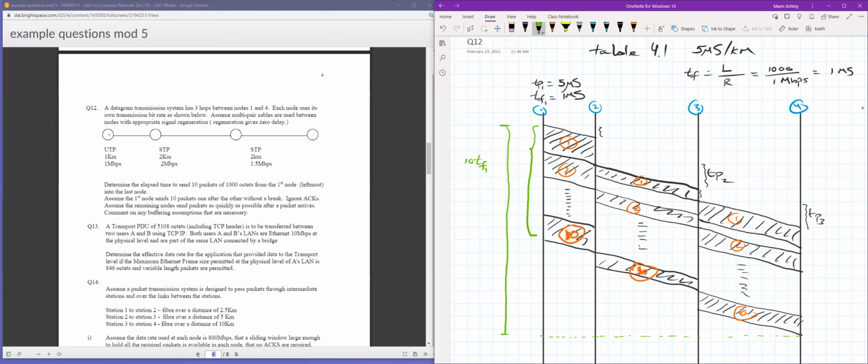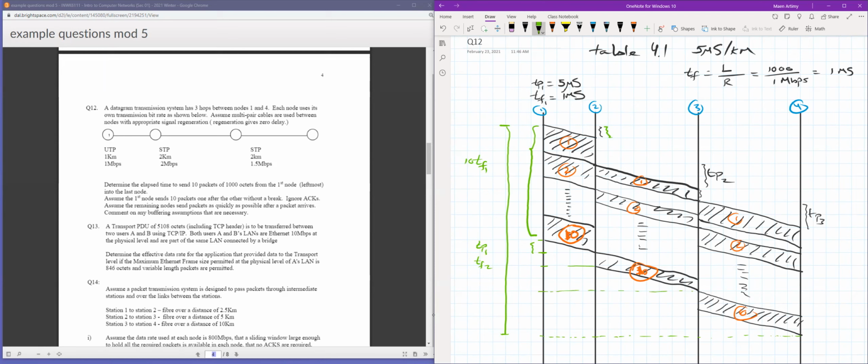Okay, and then we have this piece here, which is equivalent to this piece, which is TP1. This is equivalent to this, right? And then we have this piece, which is TF2, the time to send the frame from node 2 to node 3. And how about this?